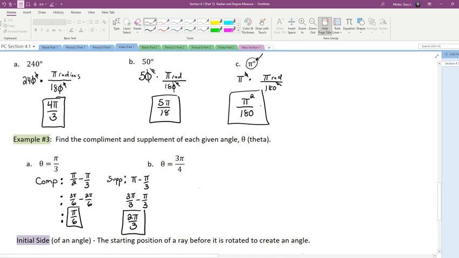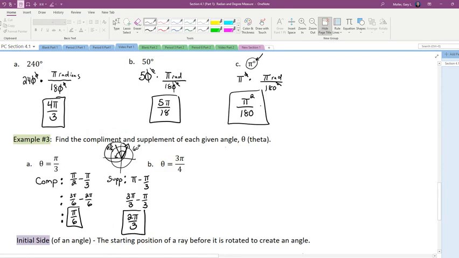And again, that makes perfect sense, right? If I've got an angle of pi over 3 right here, that's 60 degrees. And then 1, 2 more pi over 3s would make a total of 180.